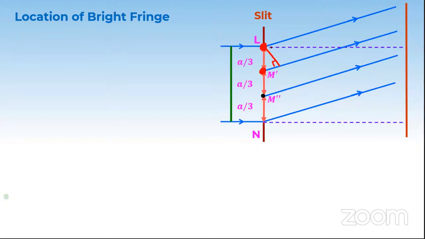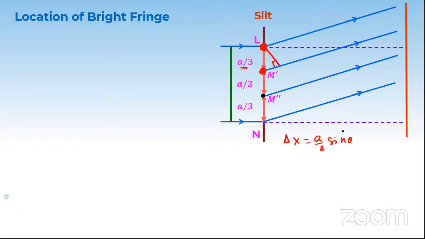Now tell me guys, what will be the path difference very quickly? There is no need for you to do the triangle again. When the distance between the slits was d, d sin theta was the path difference. When the distance was d by 2, you get d by 2 sin theta as a path difference. Now the distance between the sources is a by 3. So you can easily understand that the path difference will be equal to a by 3 sin theta.